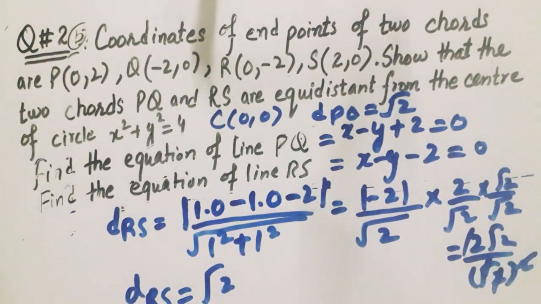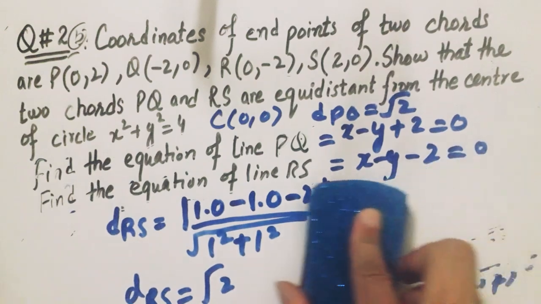It means the distance of RS and the distance of PQ from the center are the same. So we will write the final step of this.